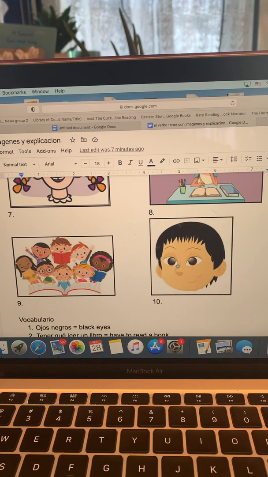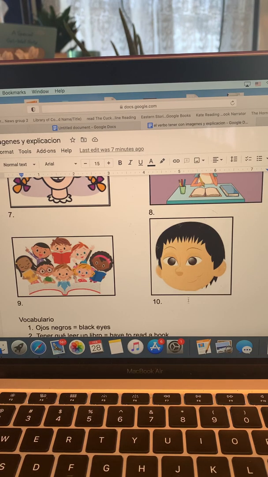I see a young boy, and I see the eyes. This is we can do two things. You can use pelo. You can use its eyes, his eyes, or you can use both.